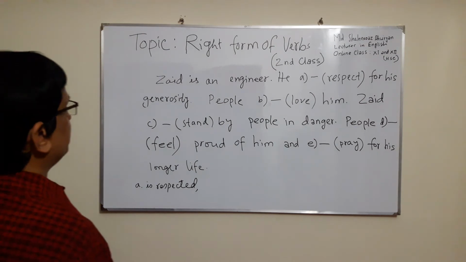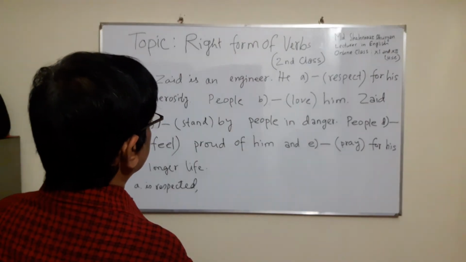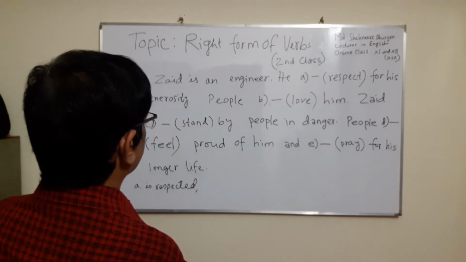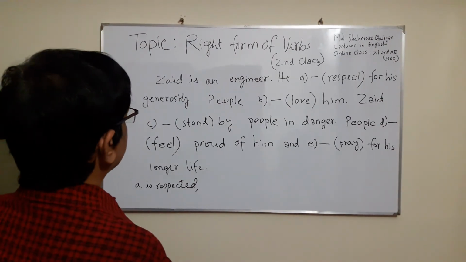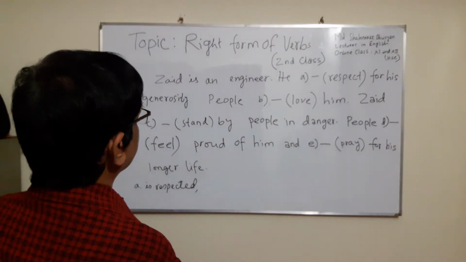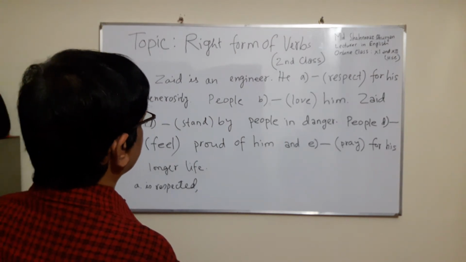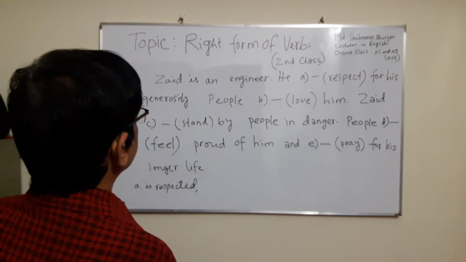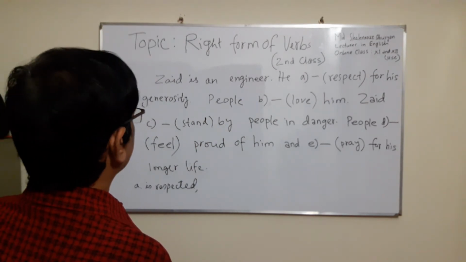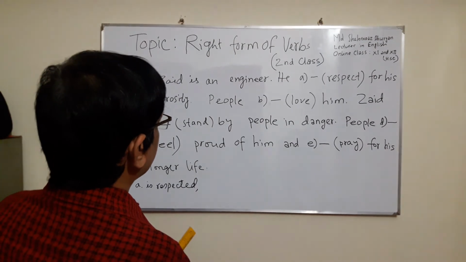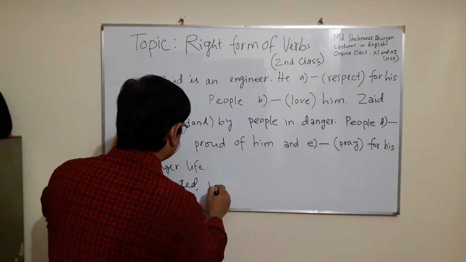Here the subject is people, in the third person plural number. When the subject is third person plural, s or es is not added to a verb in the present form. Love is already in the present form, and according to our situation the verb should be in the present form. So the proper answer is love. Now I write the answer B, love.